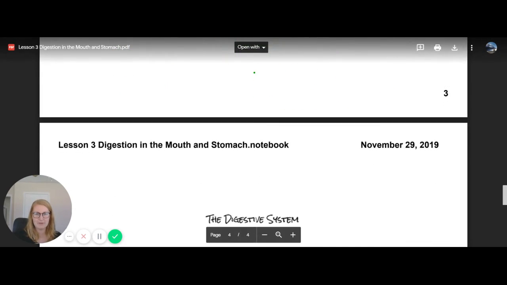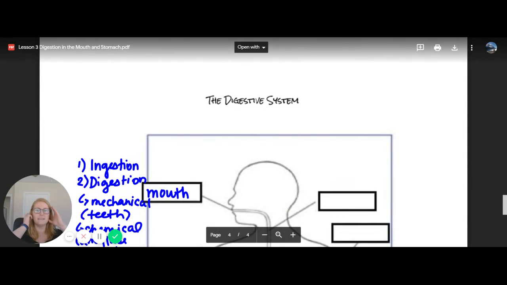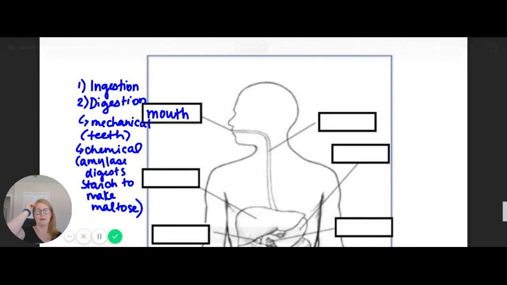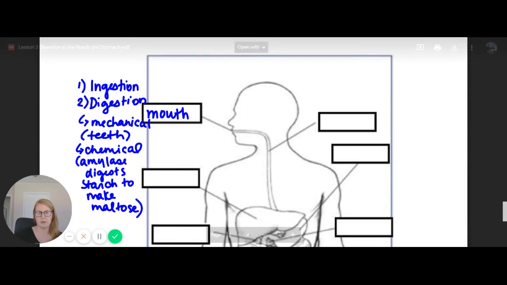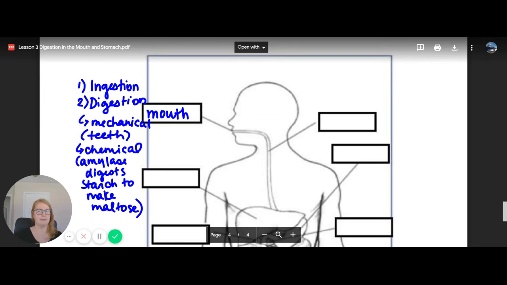So the last thing I'm going to leave you with in here is this little sheet, which is just a basic picture of the digestive system. What I would recommend that you do with this sheet, and what I would use to help me study, is, number one, label all the different parts. Obviously, today we've only talked about mouth, esophagus, and stomach. But what I'd add on to that is what important steps are happening there.